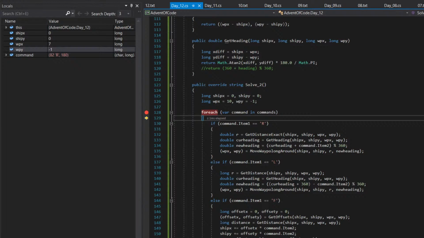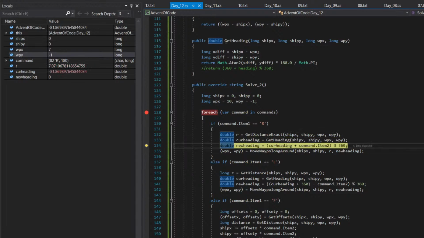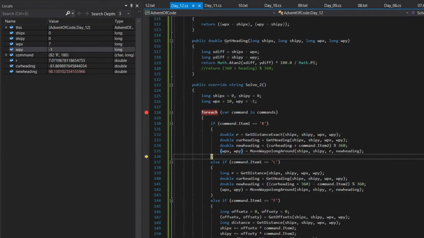Let's see, rotate 180 degrees to the right. 180 degrees to the right. That basically means that WPX should flip to -7, more or less. Huh, but instead, it changed to 7.